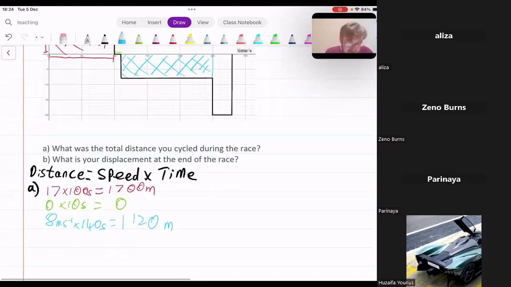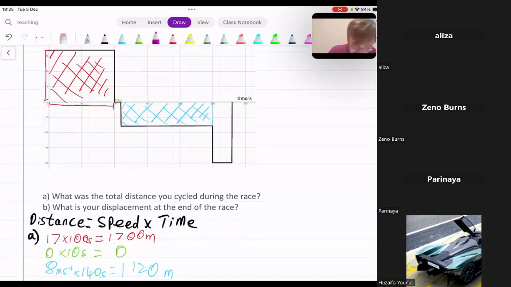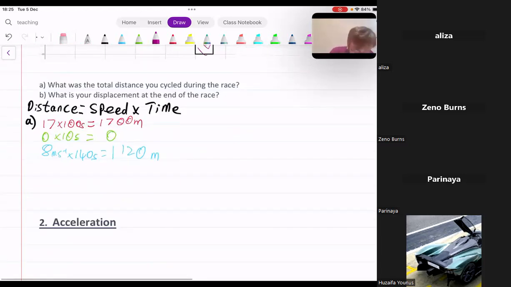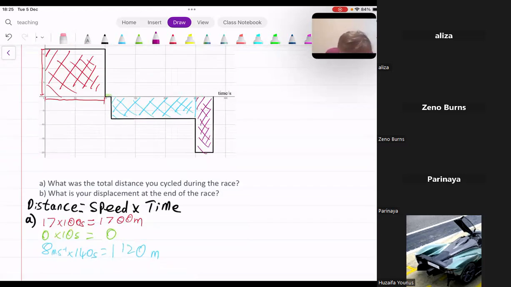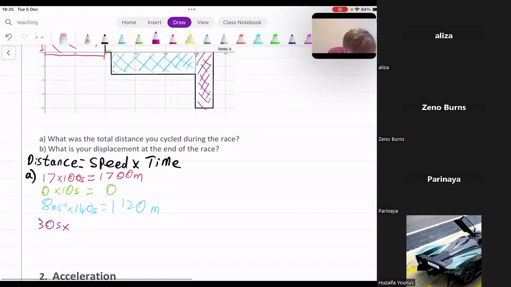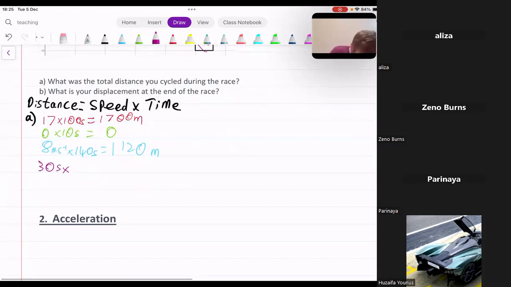And finally, for this last section, we travel for 30 seconds times, and what's the speed? 20 meters per second. You've really sped up for this last section. And that gets us 600 meters.